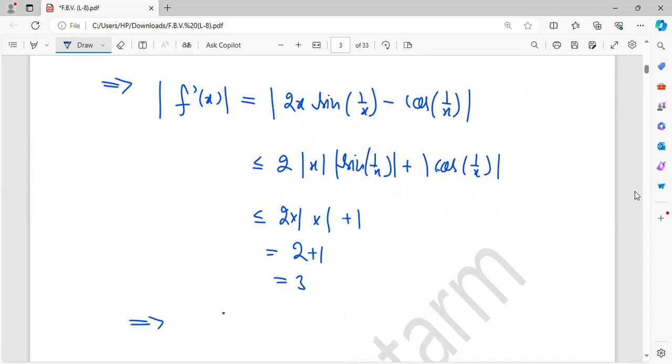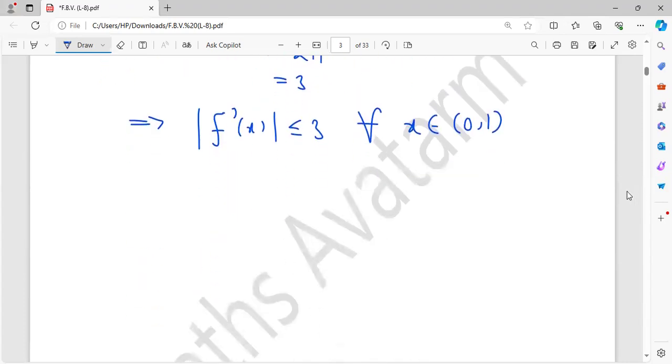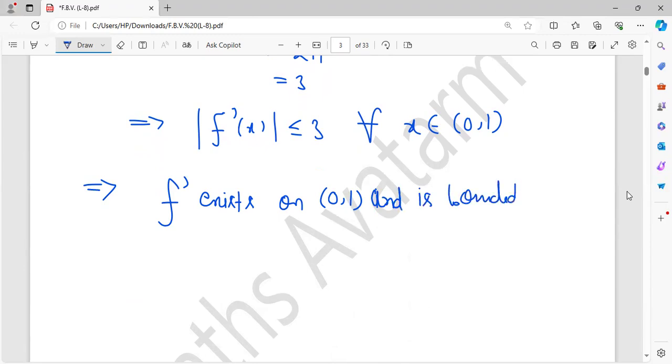It means f dash x is bounded by 3 for all x belongs to (0, 1). So this implies f dash exists on open interval (0, 1) and is bounded on open interval (0, 1).